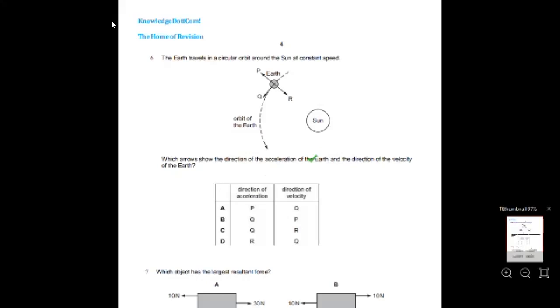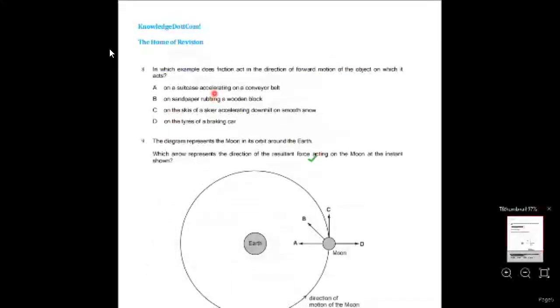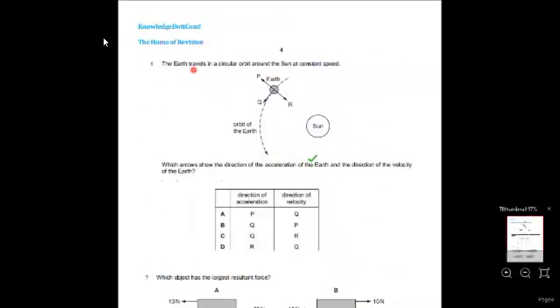Okay, in number 6 it says the earth travels in a circular orbit around the sun. This is earth and here is the sun.